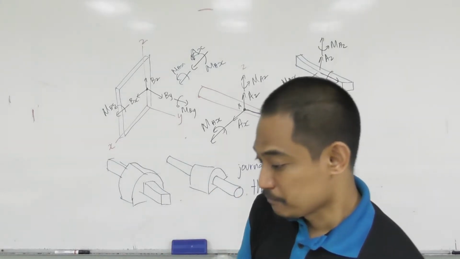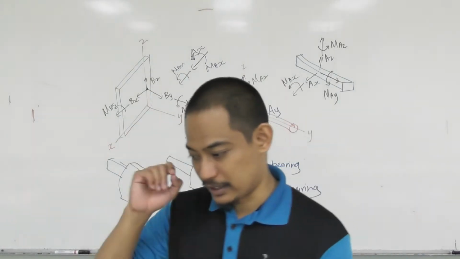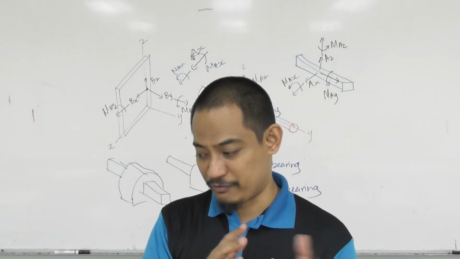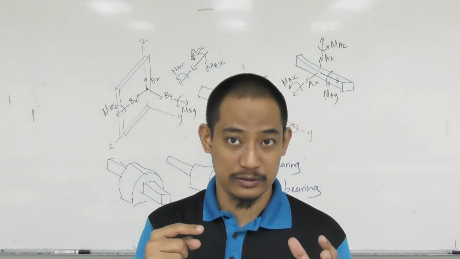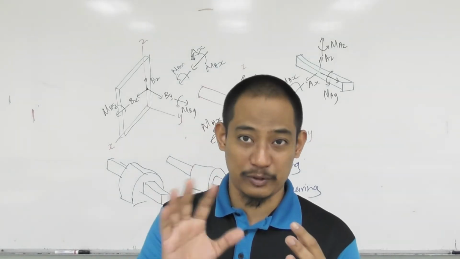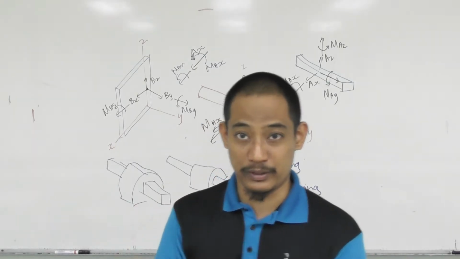Hopefully you can see. Alright, so the idea is, if you go back to the slide, as a general rule, if a support prevents translation of a body, you have a force opposite to that direction. If it prevents rotation about any axis, then you'll have a moment exerted in the opposite way, right?